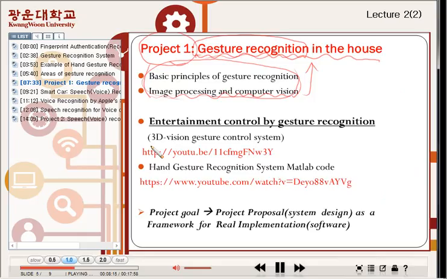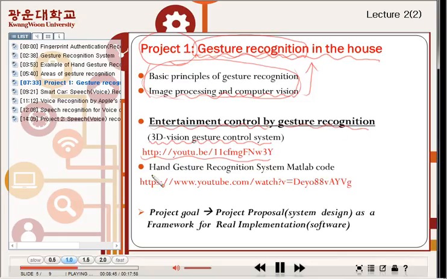Especially, I will show you entertainment control by gesture recognition, for example. Especially for a 3D vision gesture control system, you can confirm on the YouTube site and see how to control entertainment by gesture recognition.